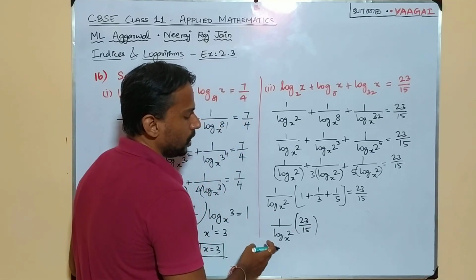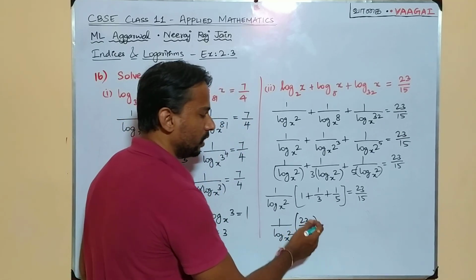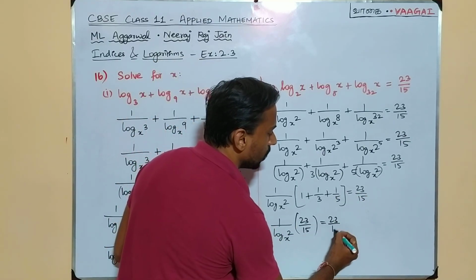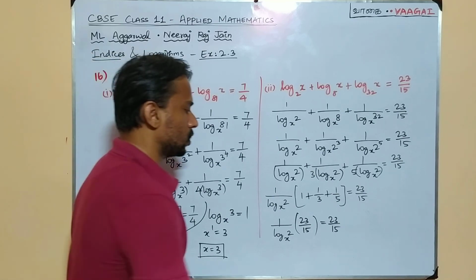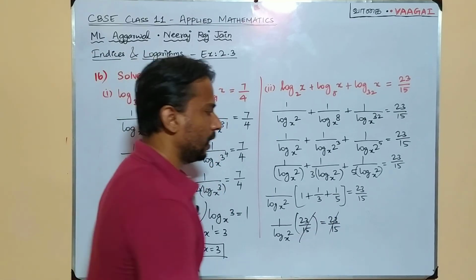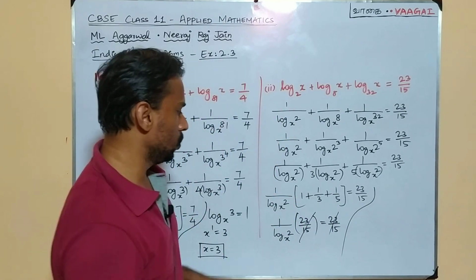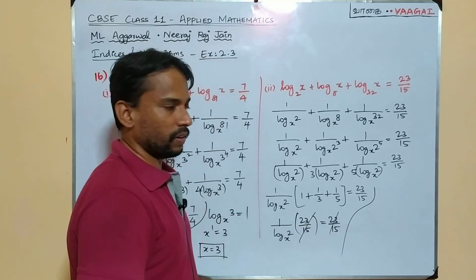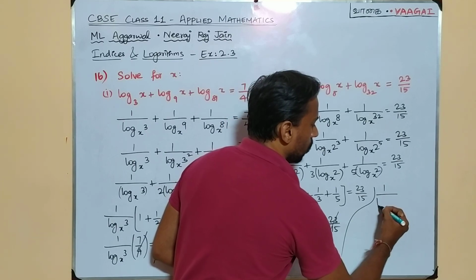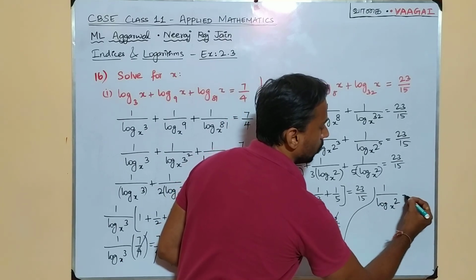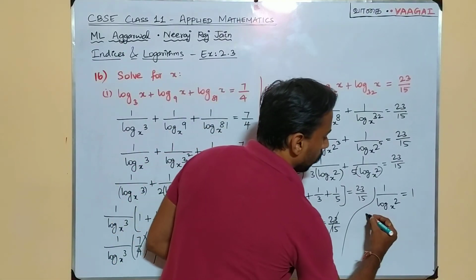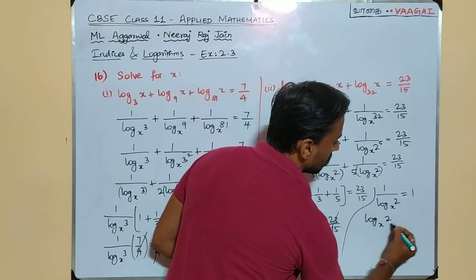So this 1 by log of 2 base x into 23 by 15 is equal to what we have on the right hand side. Right side also we have the same 23 by 15 only. So that means as usual you can cut these two. And now we can just do 1 by log of 2 base x is equal to 1. So log of 2 to the base x is equal to 1.